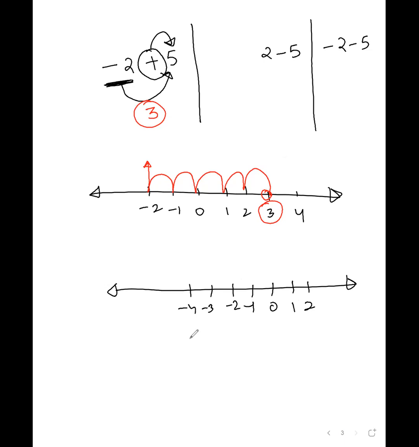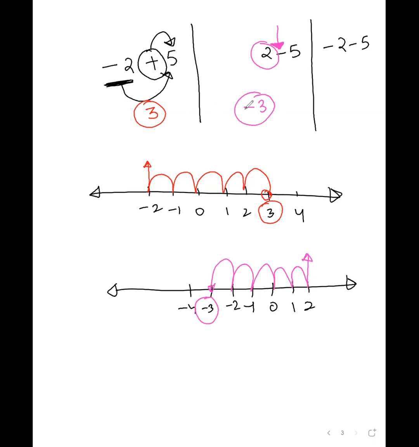So here we are starting from 2 and going in which direction? Left. Yes, negative direction means left. How many units? 5 units. So we start at 2 and go 5 units to the left. 1, 2, 3, 4, 5. Where have we reached? Minus 3.